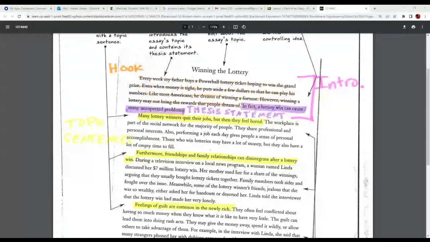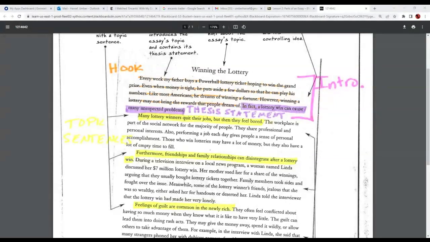To explain what the lottery ticket was about. Okay, good. So its job is to tell the reader, which is us, we are the readers, what the essay is about. The job of the thesis statement is to tell the readers what the whole essay is about.